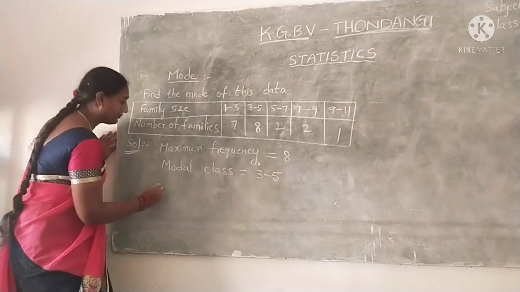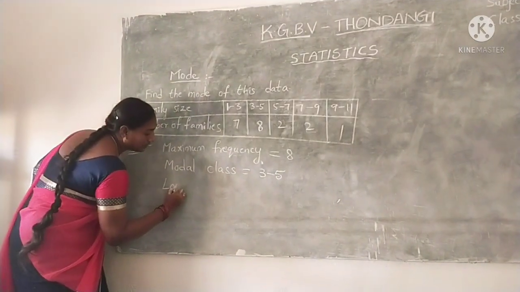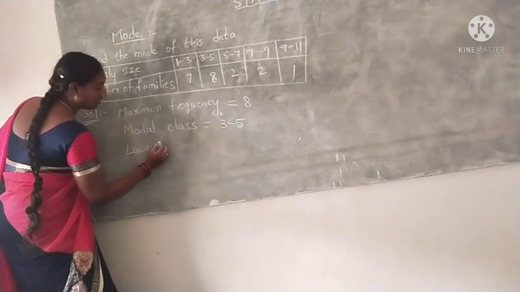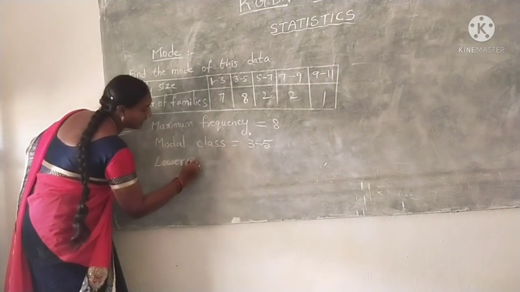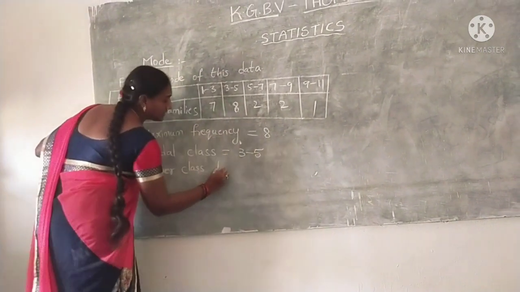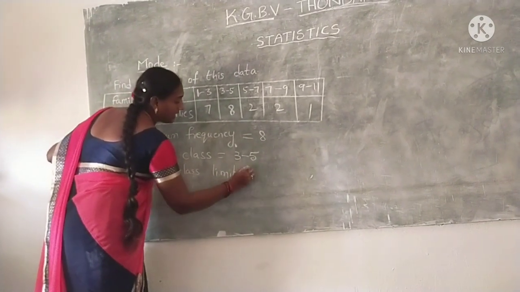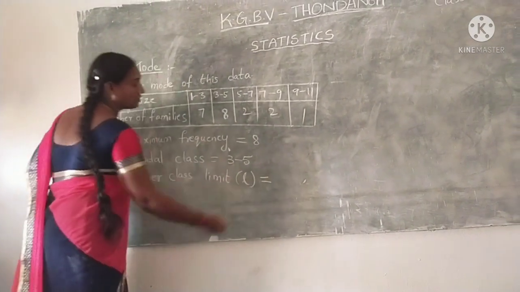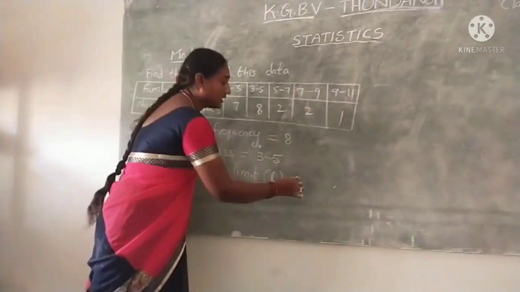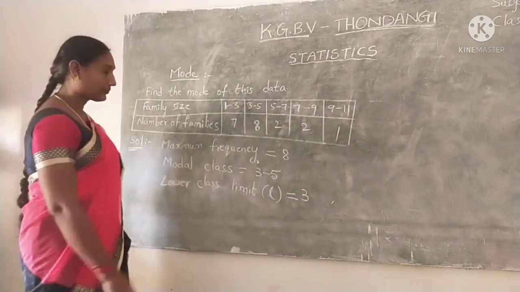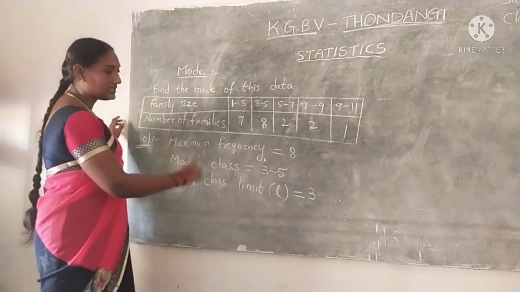Now we write the lower class limit L, that is equal to, in the modal class, which is the lower class limit? That is 3. Lower class limit is 3.